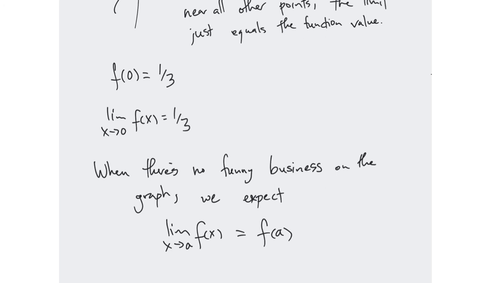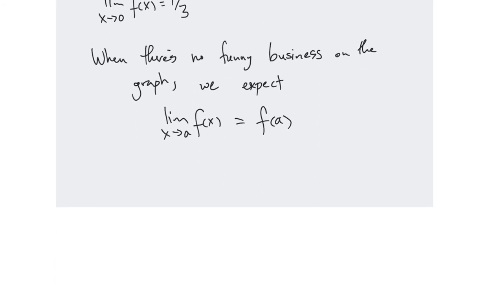That is, where are all the points near a? They're just going to be the same location as where the point actually at a is, all right? When there's no weird stuff going on in the graph, we will always expect the limits to behave in this way.